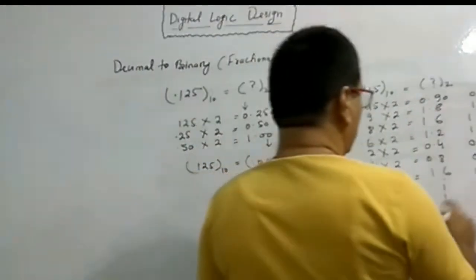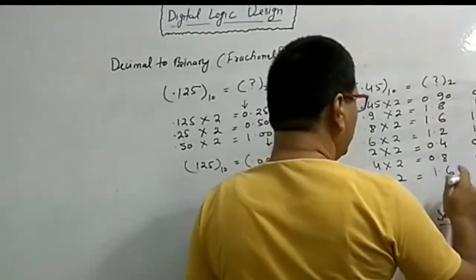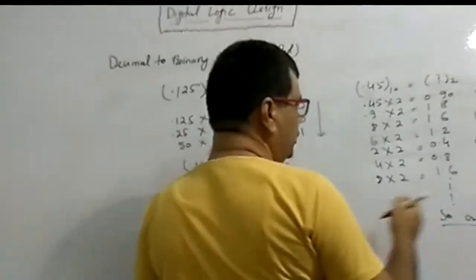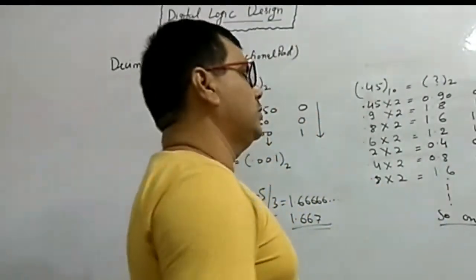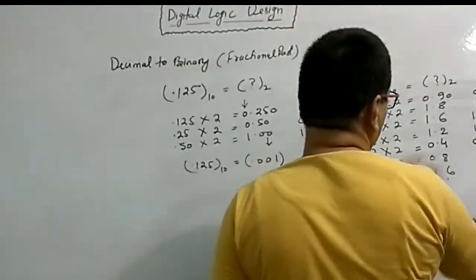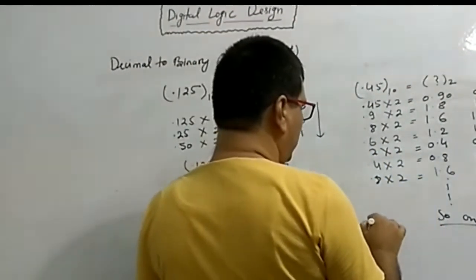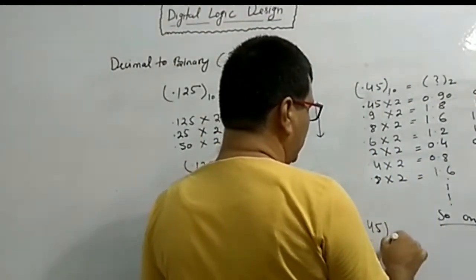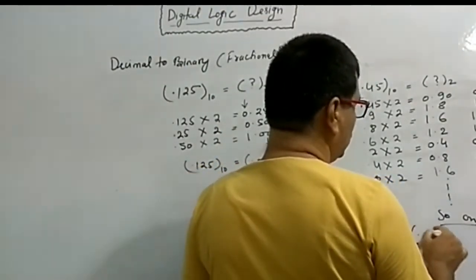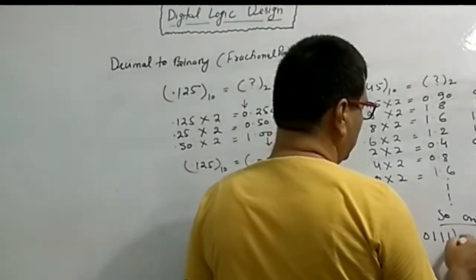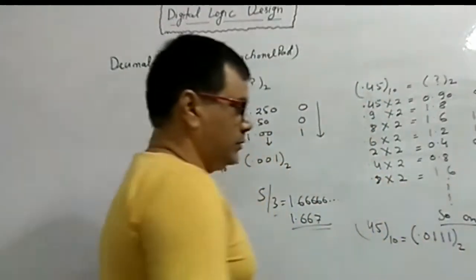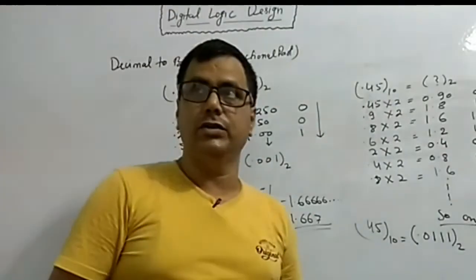So here we will take an approximation. If we just want to take only the first 4 bits, we can take up to here. Then 0.45 in the decimal number system is equal to 0.0111 in the binary number system.